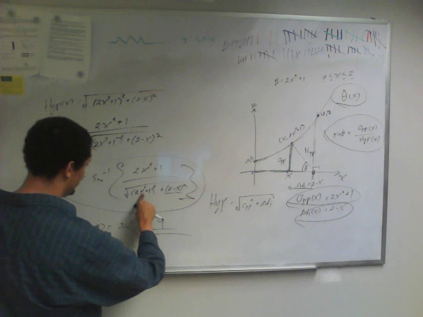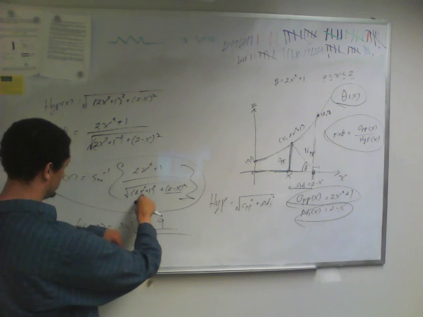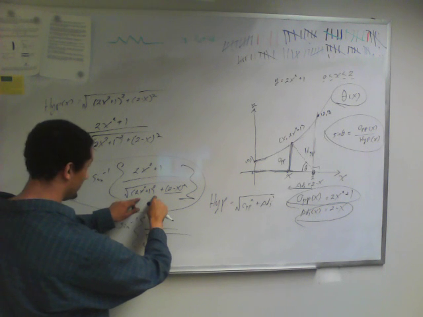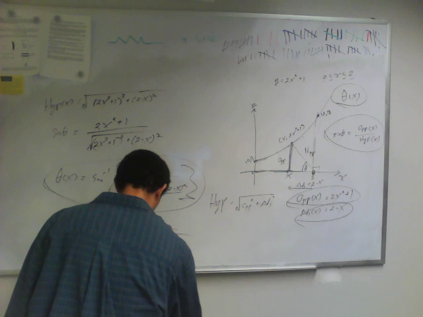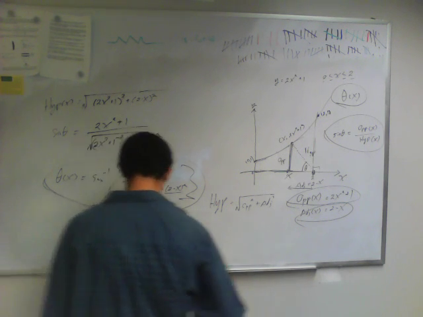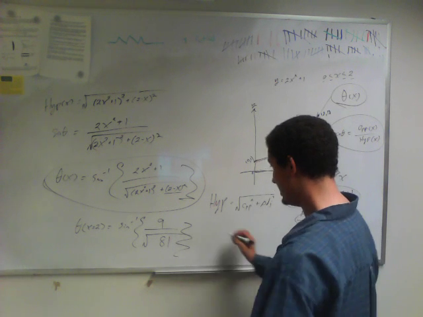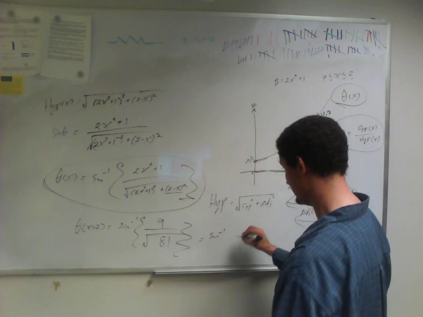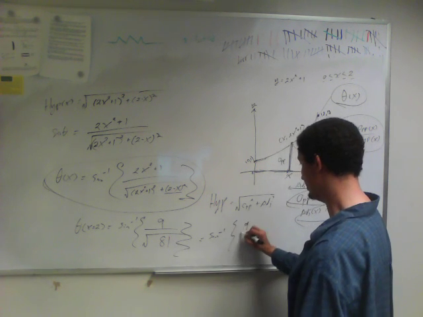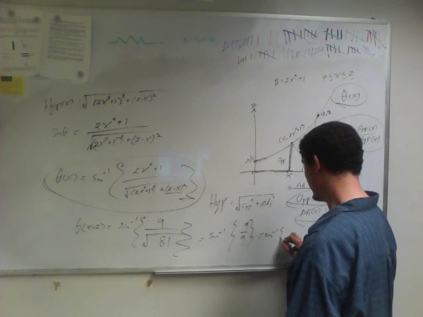In this term, you're going to have 9 squared. So that's 81. So you have the inverse sine of 9 over the square root of 81, and the square root of 81 is 9, right? So this is just 9 over 9, which is the inverse sine of 1.